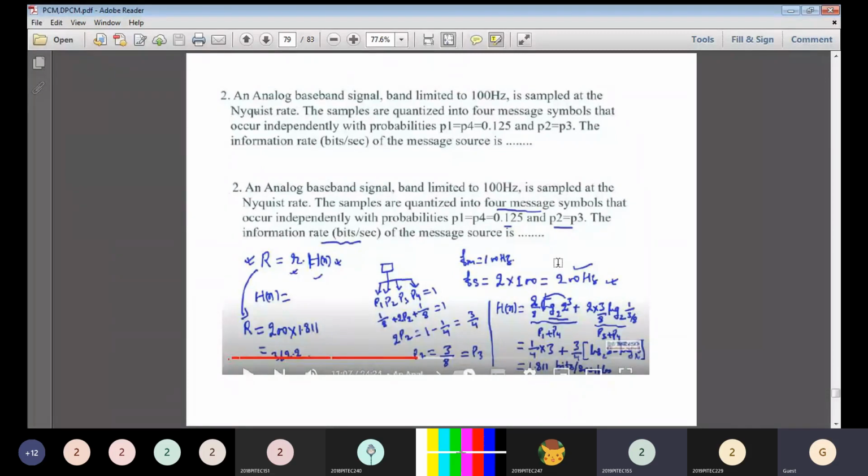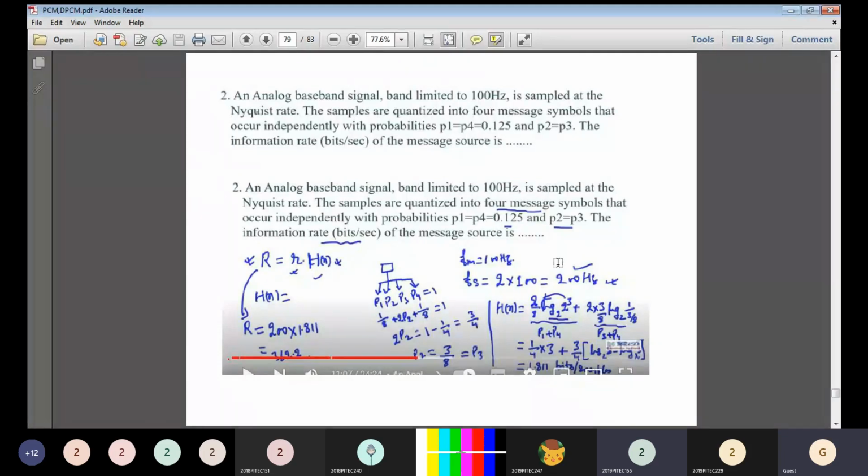And we have to find out the value of small r. Fm equal to 100 hertz, so the sampling frequency equal to 2 into 100, that is 200 hertz. So the Fs value is 200. That is, the small r value is 200, multiplied with entropy H of X, 1.811.